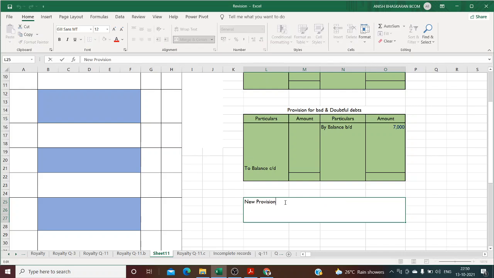New provision is equal to debtors minus bad debts given in adjustment divided by 100 into rate.